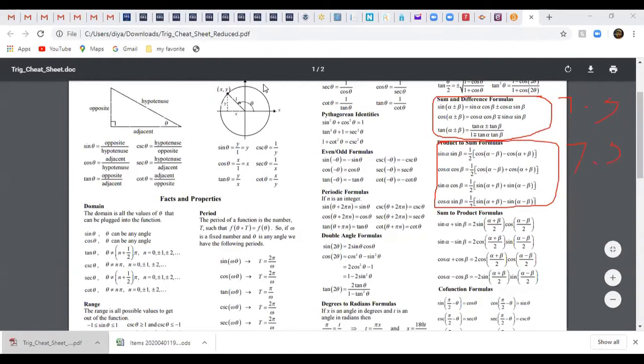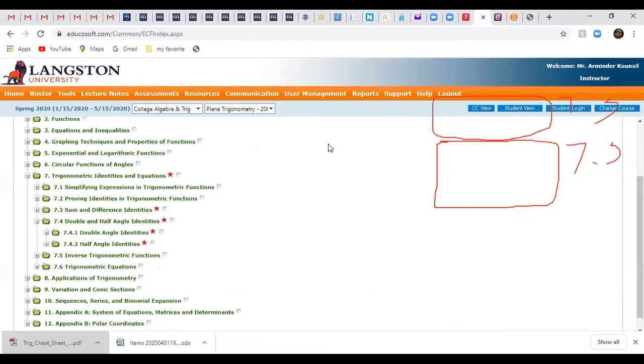Now today's topic, chapter 7.4, is more concerned with double angle identities and half angle identities.